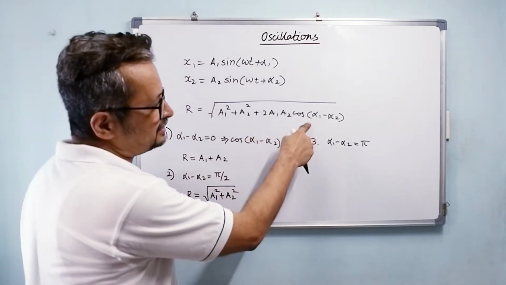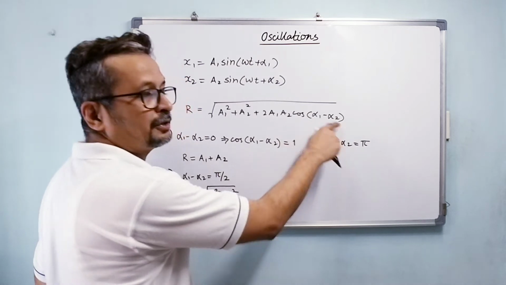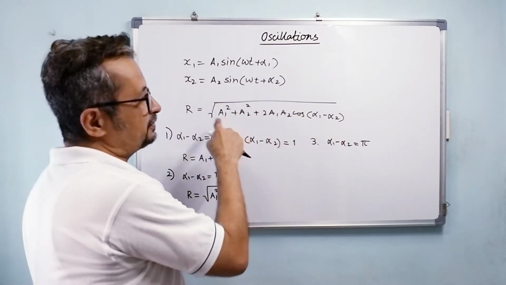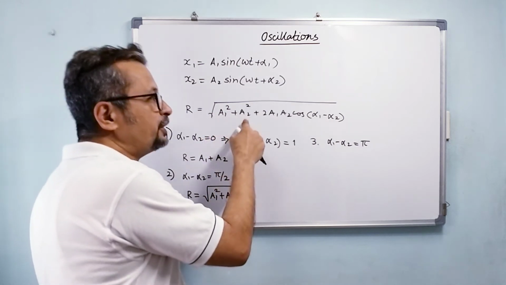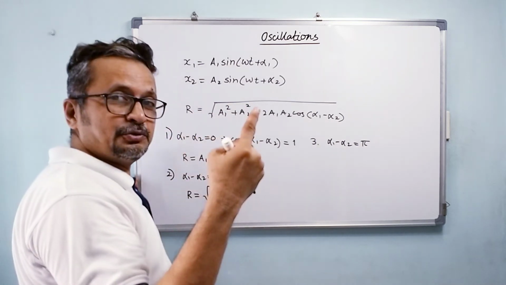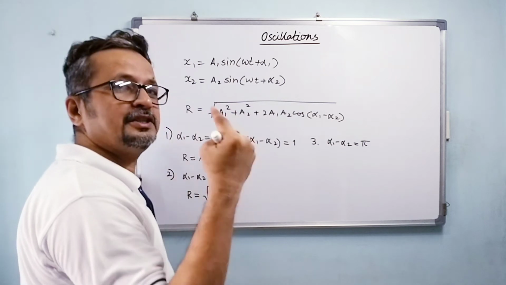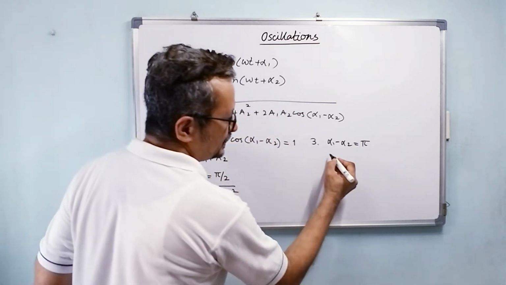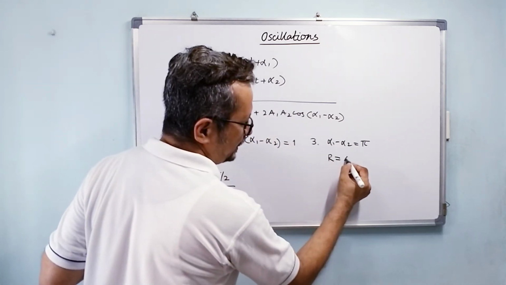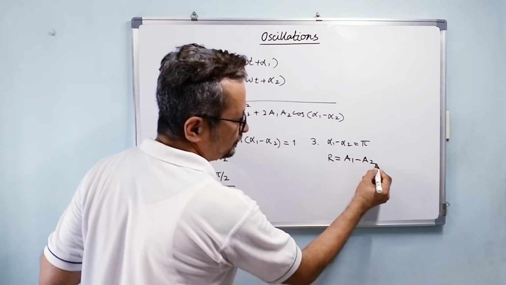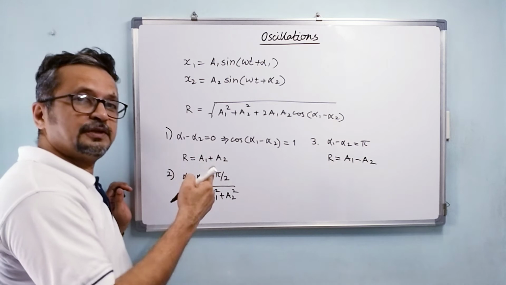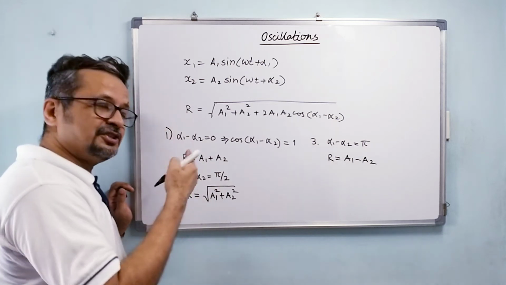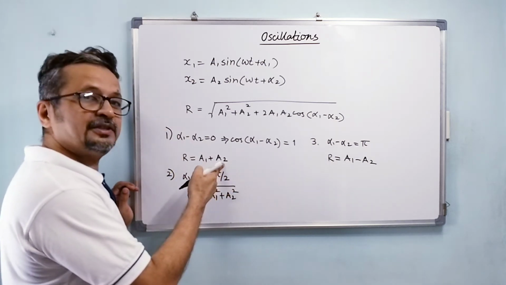So the terms under the root sign become a1 square plus a2 square minus 2a1 a2, which is a1 minus a2 whole square, and my r is a1 minus a2.